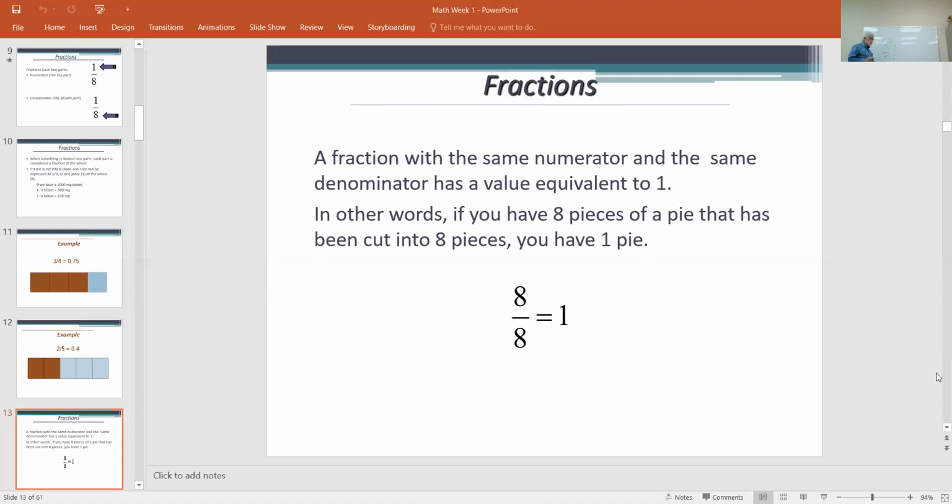We have 3 different kinds of fractions here. One kind is what we call a proper fraction, where the numerator is smaller than the denominator. We have an improper fraction. Anytime you hear in science or math a term like proper, you know there's an improper that's coming next, where the numerator is larger than the denominator.